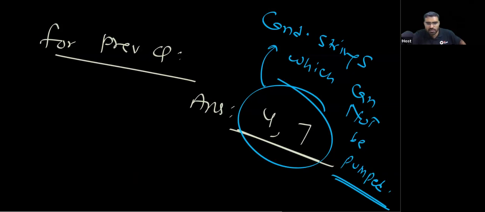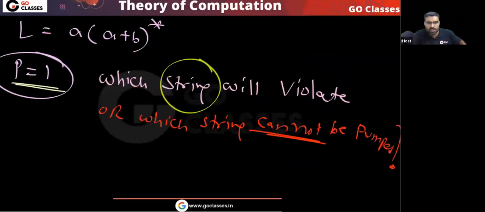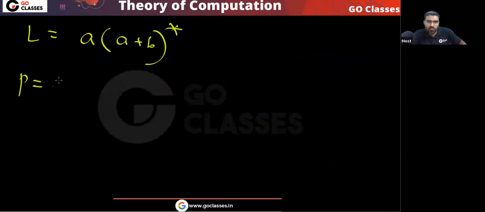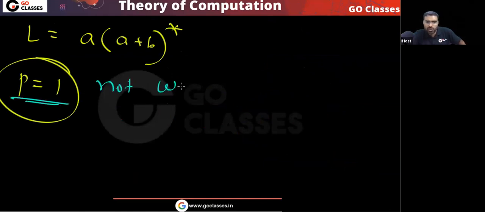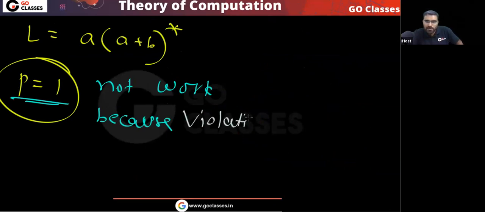Is this point clear? So finally, I can say P equal to 1 does not work. Remember, P equal to 1 for this language. Your language is this. For this language, if you take P equal to 1, then this will not work. Why will this not work? Because of the violating string.